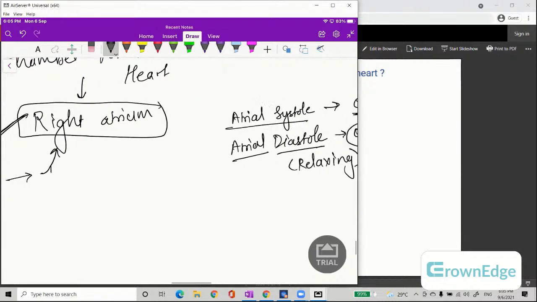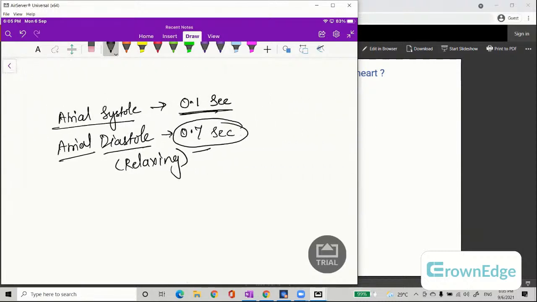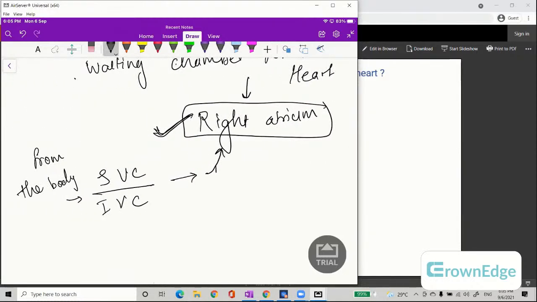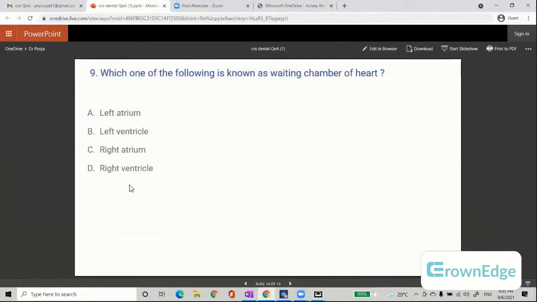So if we talk about the waiting chamber of the heart, the blood is waiting for 0.7 seconds to go into the ventricle, that is from the body. First of all, the entry of the blood into the heart happens in which section? It is the right atrium. So the answer to this question is, right Akhil, option C. It should be option C, right?